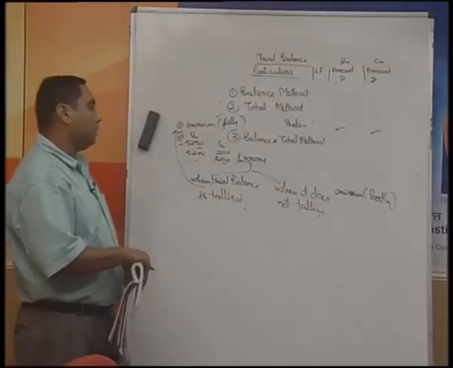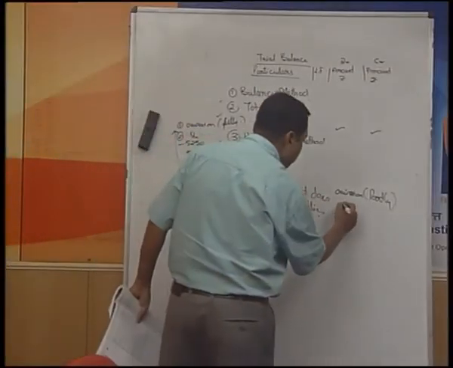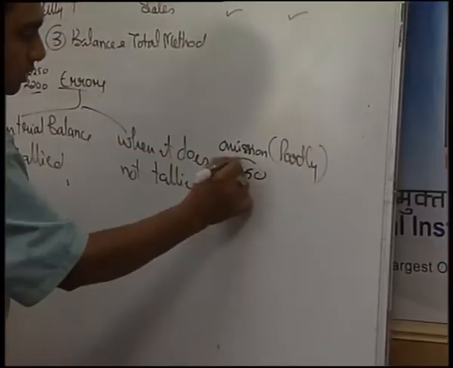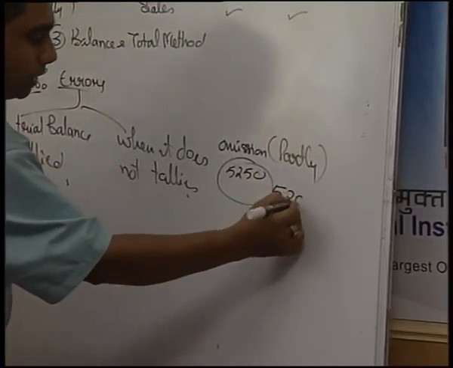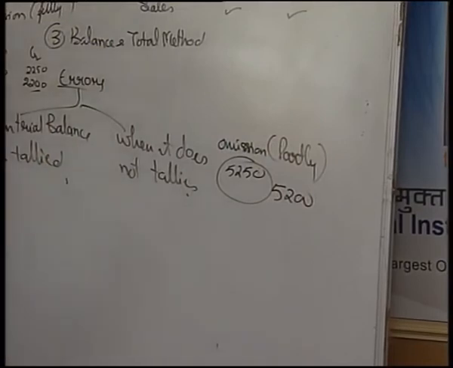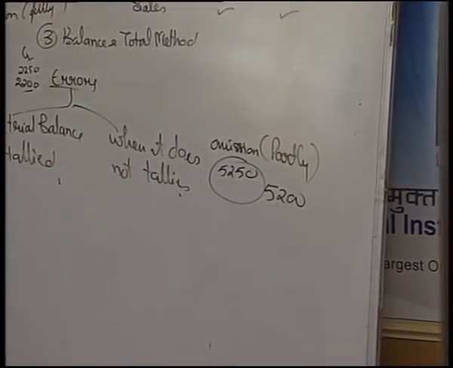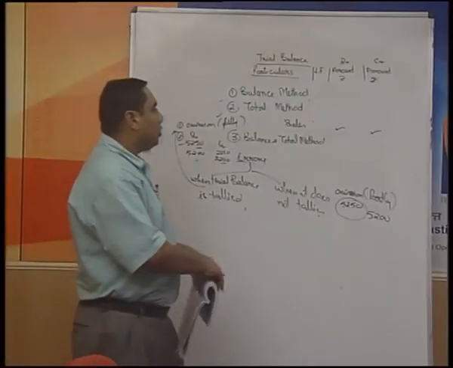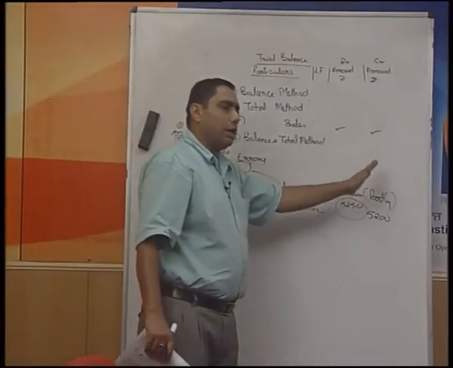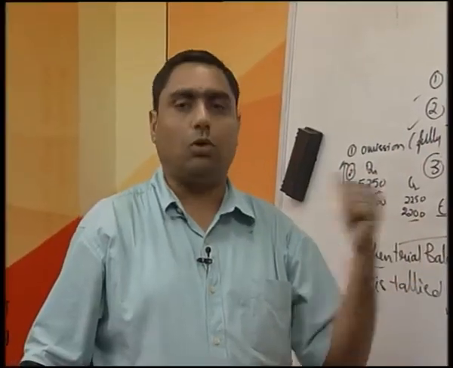Here in that case, some entry should be there for 5250. In place of this, if you simply write 5200, it is a one-sided error and the trial balance will not tally. Sometimes it happens that when we total the debit side or credit side, we find a difference of a double amount.